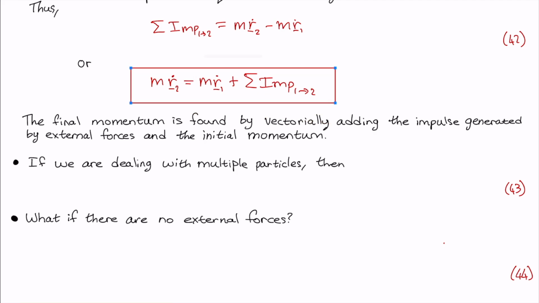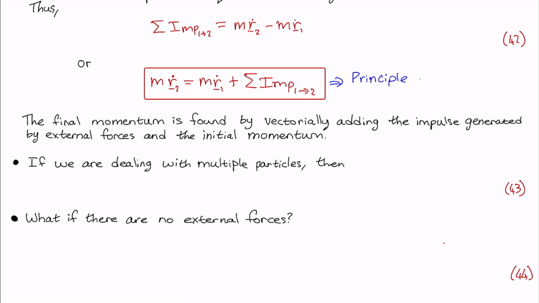And this equation is the principle of impulse momentum. So the final momentum is going to be found vectorially by adding the impulse generated by all external forces and the initial momentum.